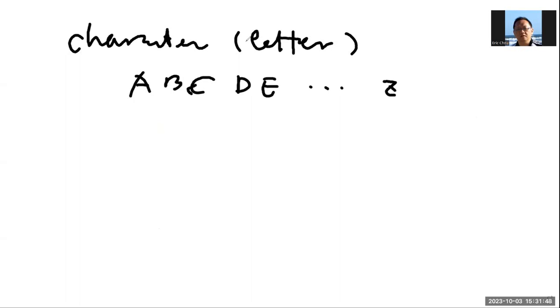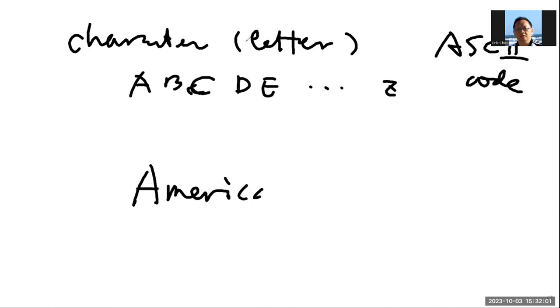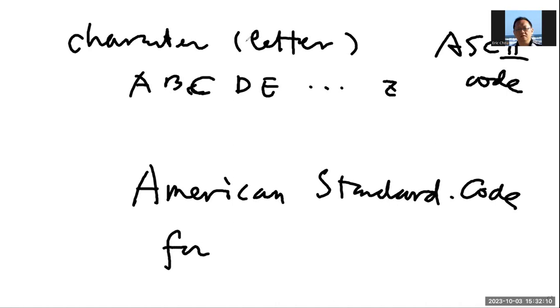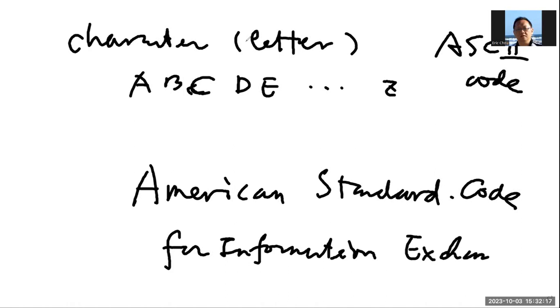For a single character, we also have something called ASCII code. ASCII stands for American Standard Code for Information Interchange.